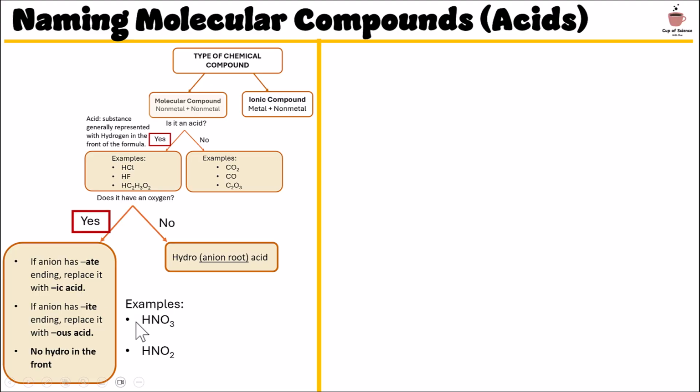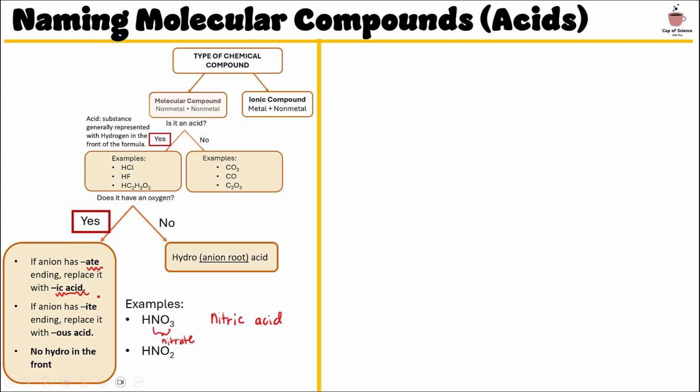For example, this anion component is a nitrate. So this would be nitric, not ate, because the ate is going to be replaced with ic acid: nitric acid. And there's no hydro in the front.